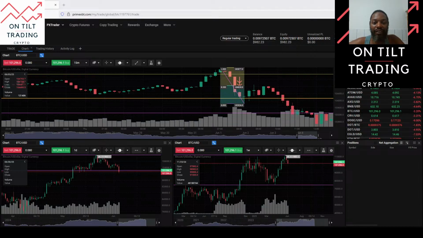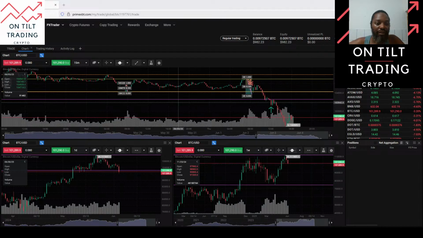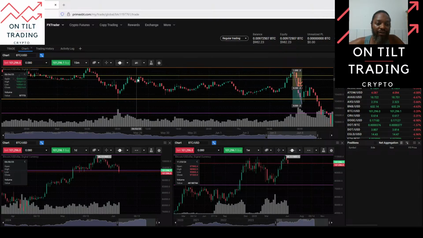There was more selling. Actually, let me back up again because there was a very large range this morning that was set yesterday here. Here's the range for Bitcoin. Actually, the range is an uptrend. This was the short here.